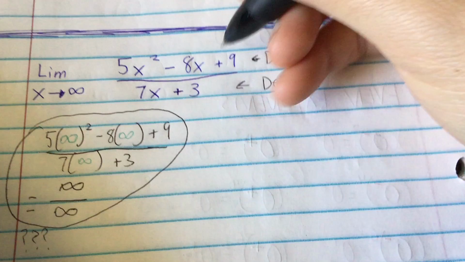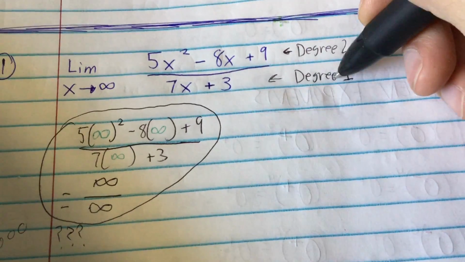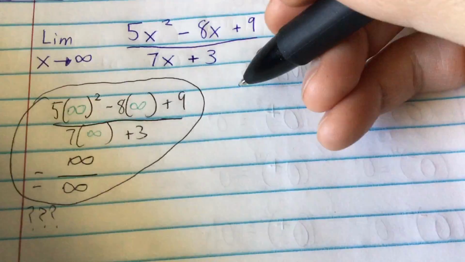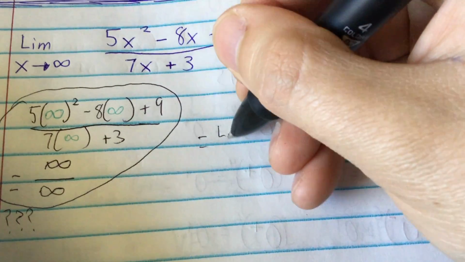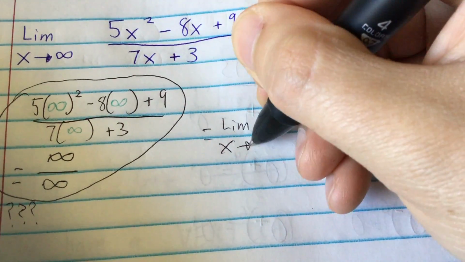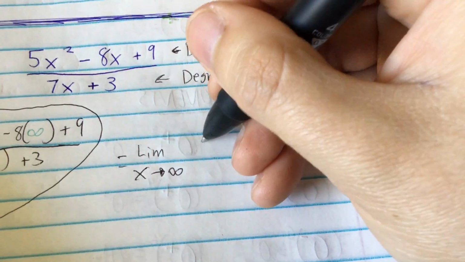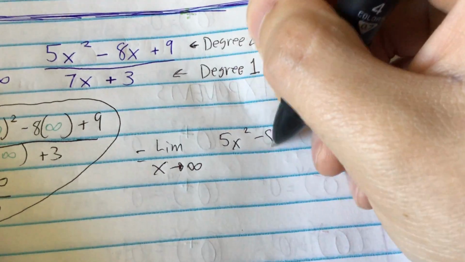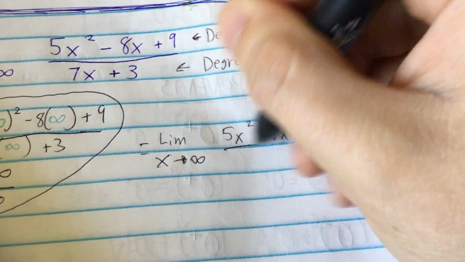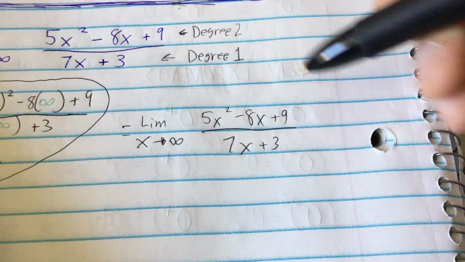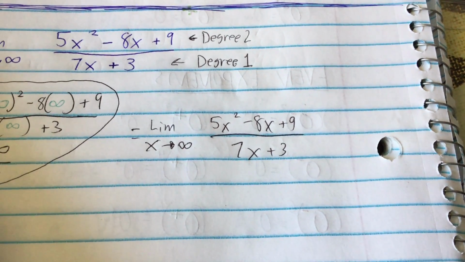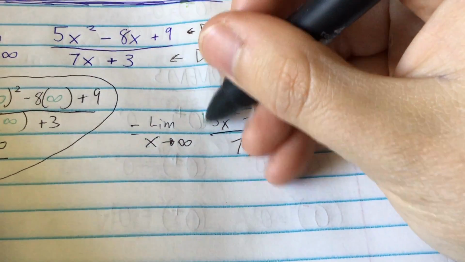So what I do for this problem is I can multiply by 1 over the smaller degree. So let me show you on problem number 1. This is the limit as x approaches infinity for 5x squared minus 8x plus 9 over 7x plus 3. So what I'm going to do is look at which one has the lower degree. The bottom.